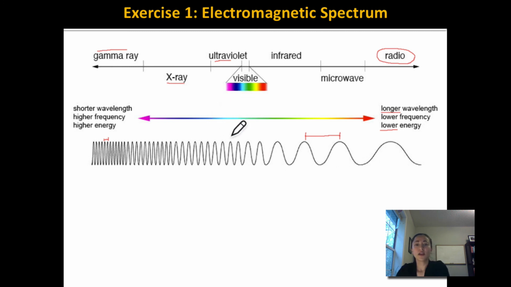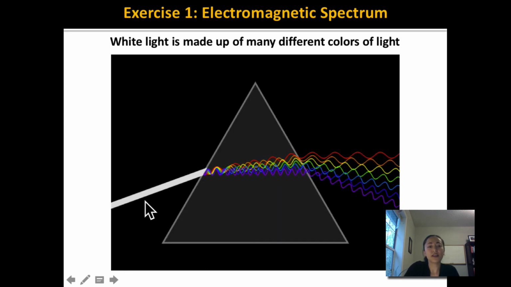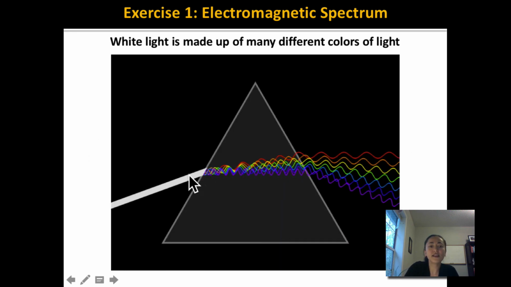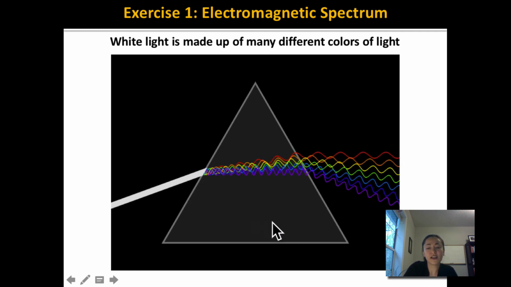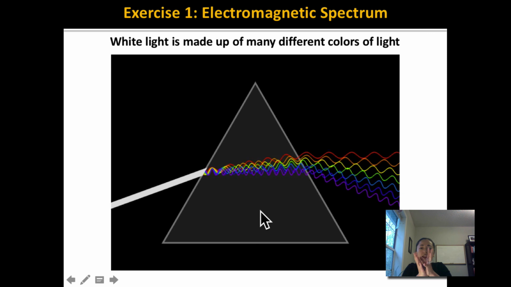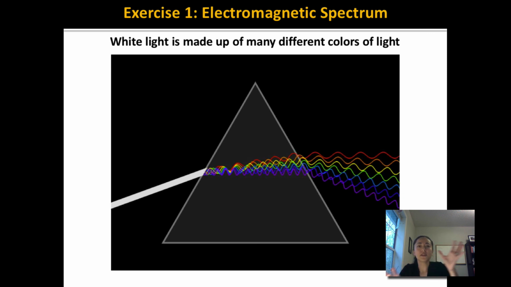So why is this important? Again, understanding this wavelength versus energy. Well, each different color of light has a different wavelength, and that's what makes it have a different color. So if we look at white light, like the light coming from the sun, or maybe shining a flashlight through this prism here, you can actually separate out all the different colors.